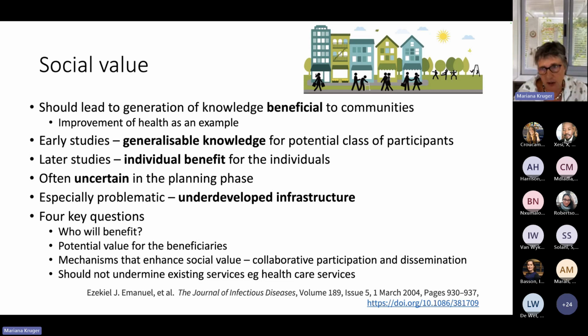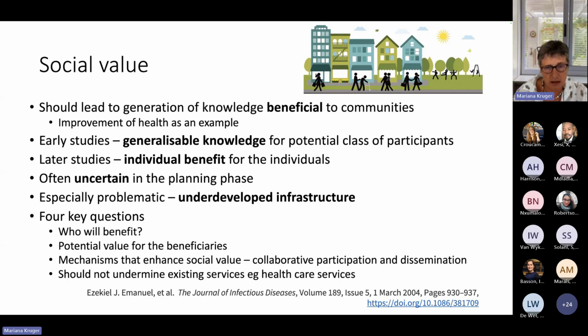Now, very often, if you start with early studies, and here I'm talking specifically about phase 1 studies with medicines, you want to create generalizable knowledge for that potential class of participants. So you want to see in phase 1 and 2 studies, will this group of patients potentially benefit from this particular medicine? And then in later studies, you have to prove that there's individual benefit for that particular individual.